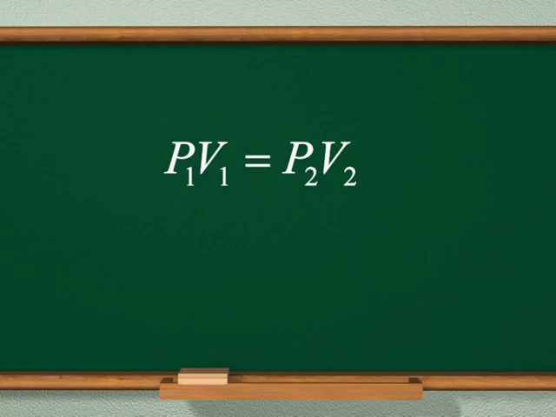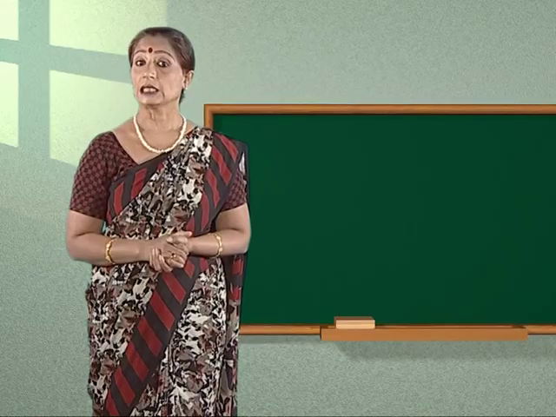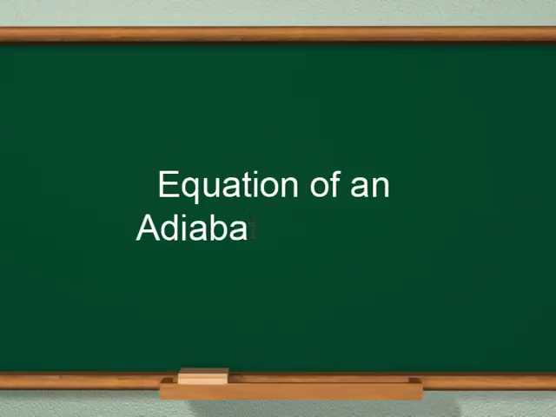Similarly, during an adiabatic change or process, if P1 and V1 are the initial pressure and volume, and P2 and V2 are the final pressure and volume of the gas, then P1 V1 raised to the power gamma is equal to P2 V2 raised to the power gamma. This can be called the equation of an adiabatic change.